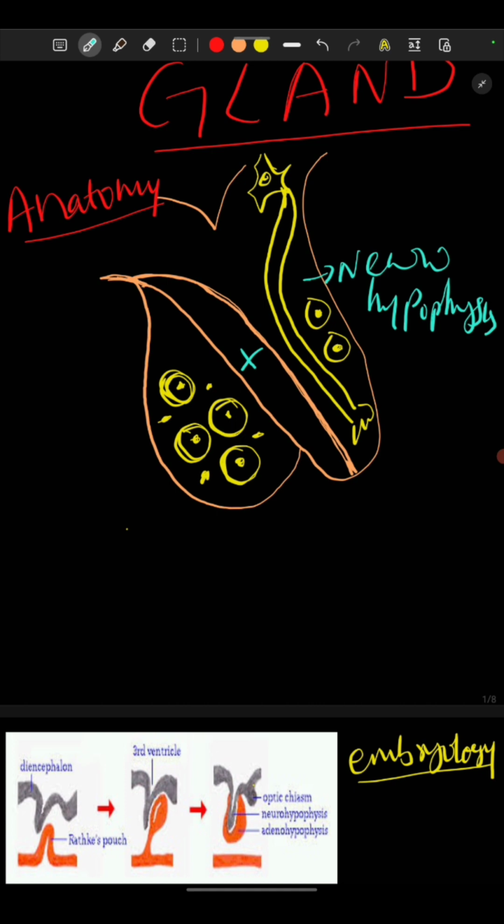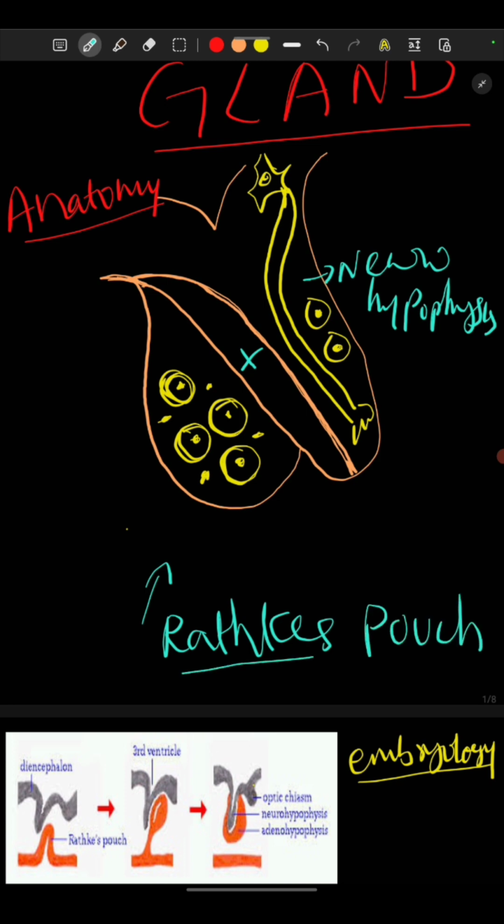the hypothalamus, whereas the anterior lobe, which is a derivative of Rathke's pouch, which is a part of ectoderm, forms the anterior lobe of the pituitary.